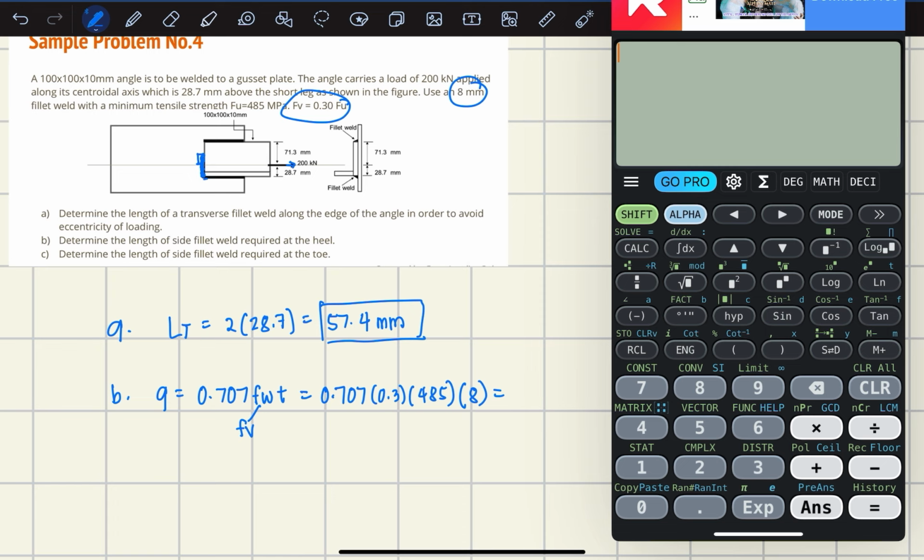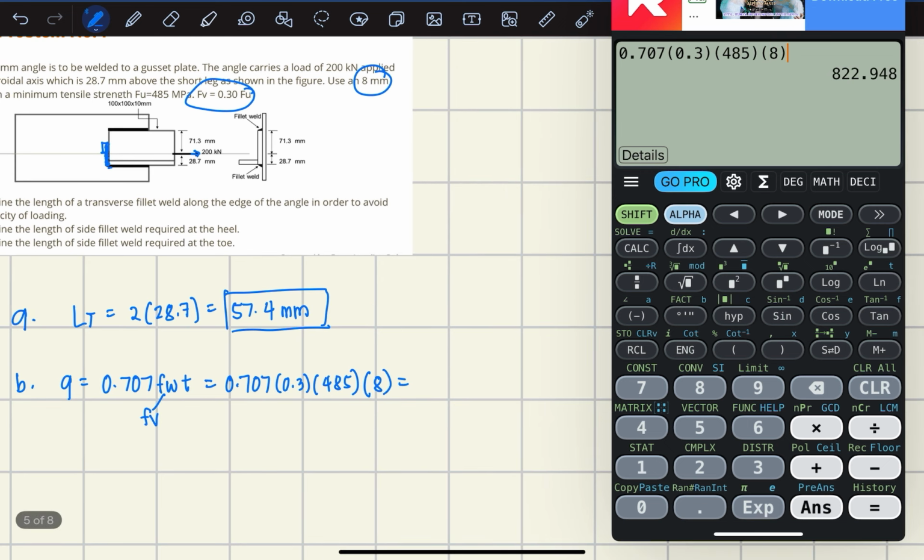So, the Q will be 0.707 times 0.30 times 485 times 8, which is 822.948 N per mm. We're not done yet with our solution, so let's store this value as A.